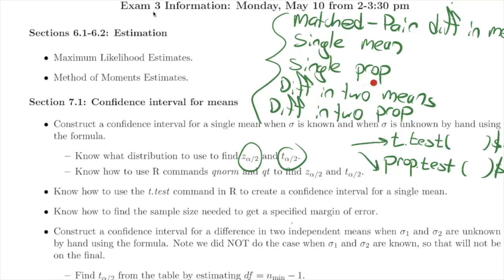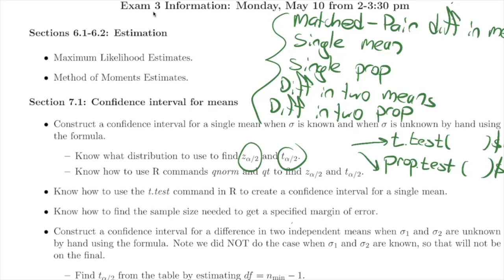With proportions, I'll just say we did different confidence intervals, right? We did the Agresti-Coull, we did the Wald confidence interval, and we did the score confidence interval. So definitely be prepared to construct the Wald confidence interval. That you have to do by intermediate calculations.